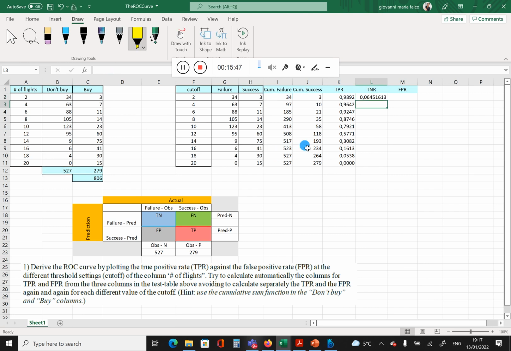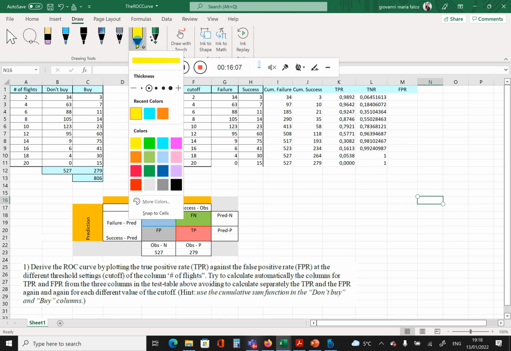Then of course I can move this downwards until I get all the values of the true negative rate for the different values of the cutoff. Again, we can check our calculation.